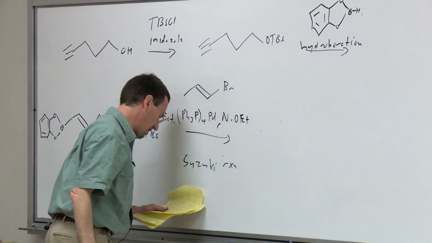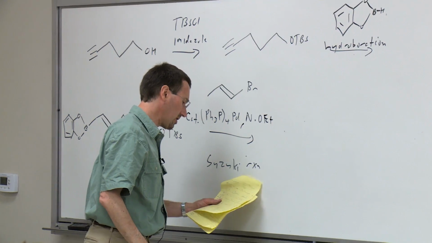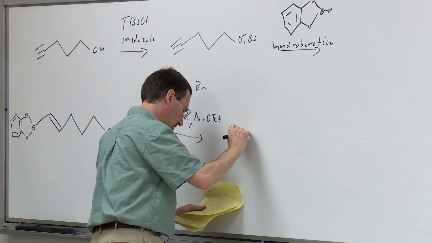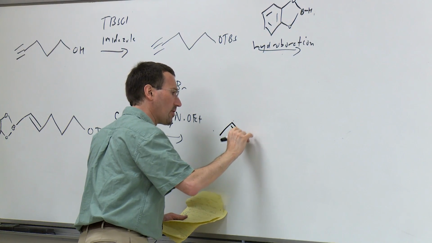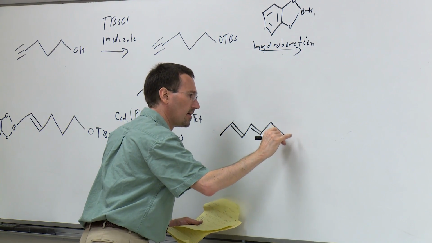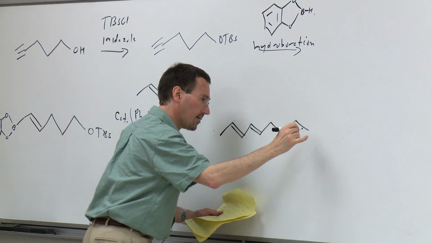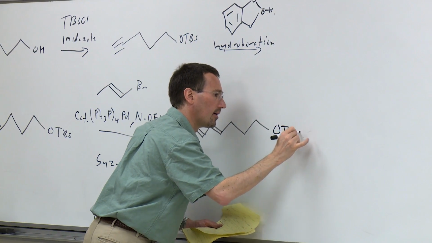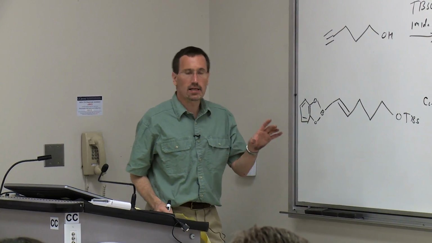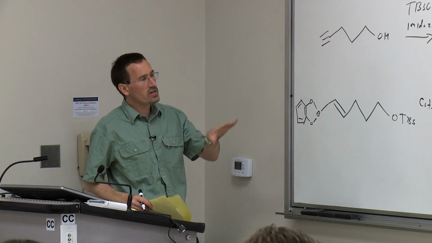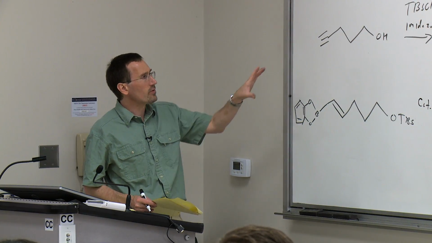I'll send out a video where I talk more about this reaction. What happens in the Suzuki reaction is you generate the double bond like so. And that very nicely brings together the diene component of the reaction.